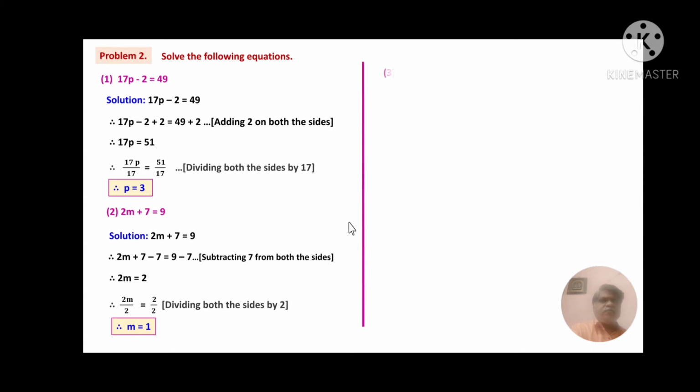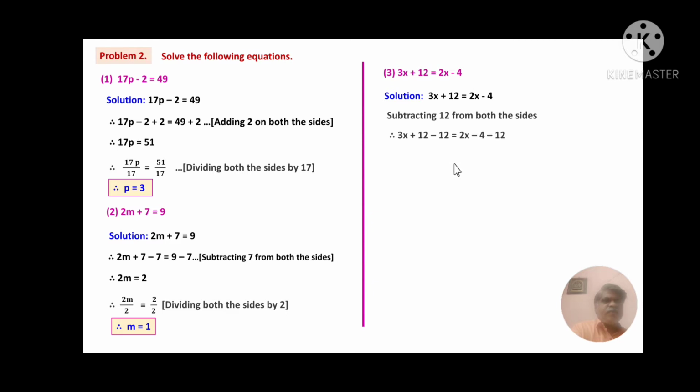Third one. Now here you can see 3x plus 12 is equal to 2x minus 4. Friends, here in the given equation, there are variables on both sides, LHS as well as RHS. So first of all, we will remove this constant 12. So subtracting 12 from both sides, we get 3x plus 12 minus 12 is equal to 2x minus 4 minus 12.